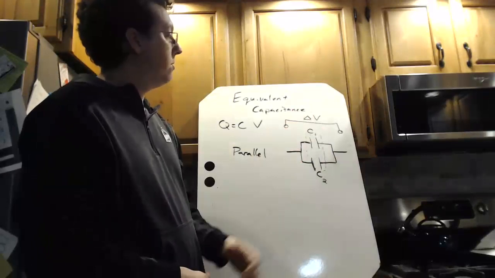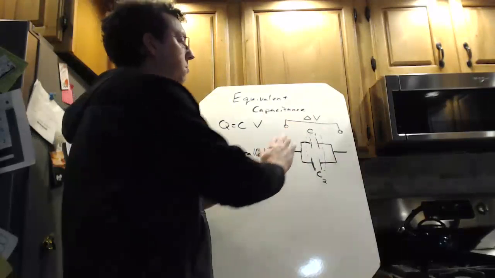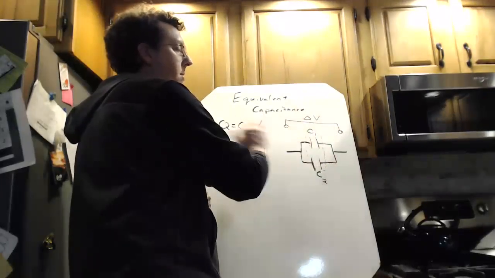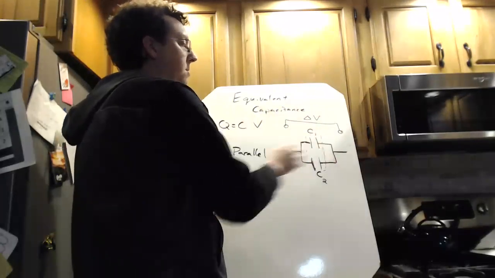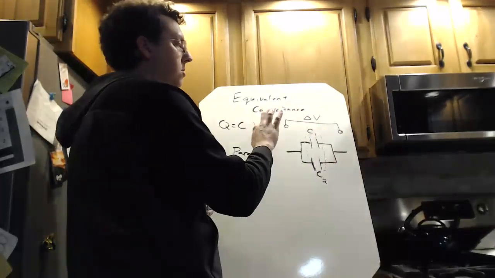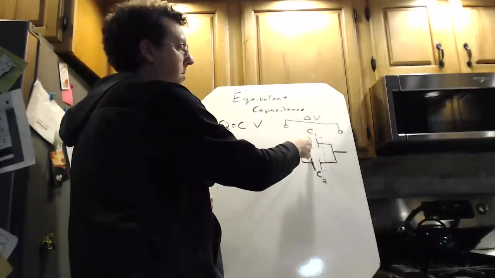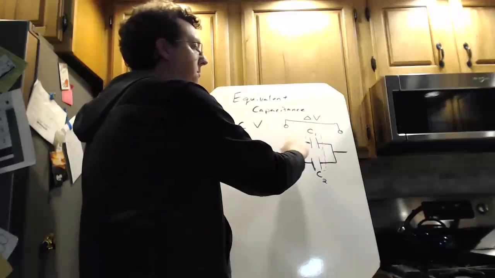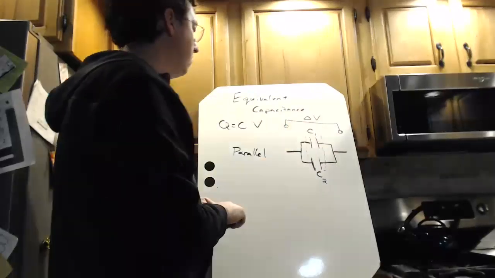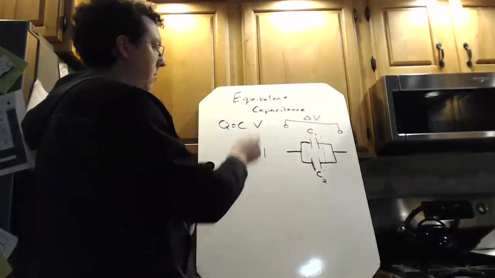So with that observation, if I wanted to replace this pair of capacitors in parallel with one overall effective capacitor, that effective capacitor would have a charge which is the sum of the individual charges, but it would have the same voltage drop as either of the two. So what was the rule of thumb?